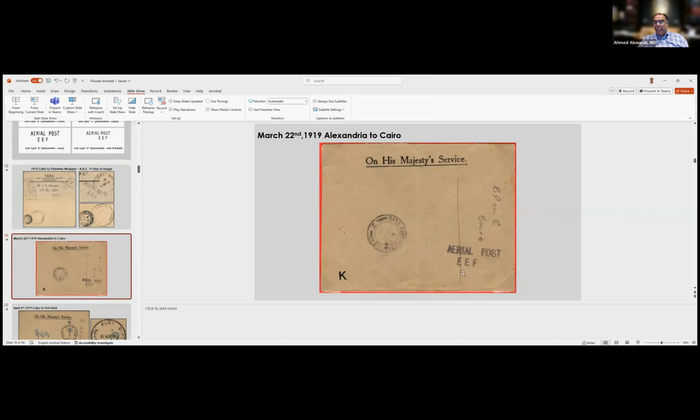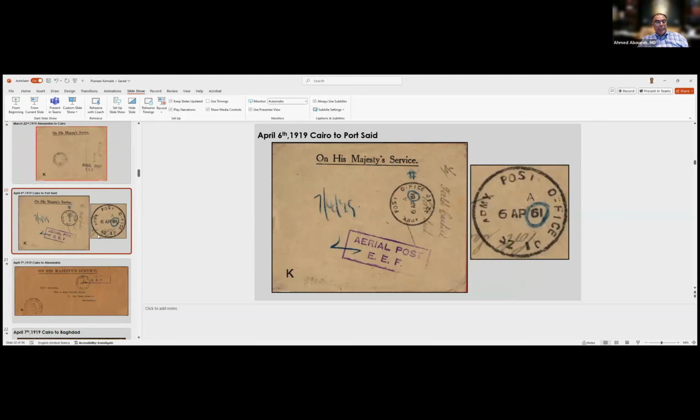And then again, another example. This was to Cairo. A third example to Port Said. This is very interesting, and I'm still trying to work on this: on the hand stamp, the year is inverted.